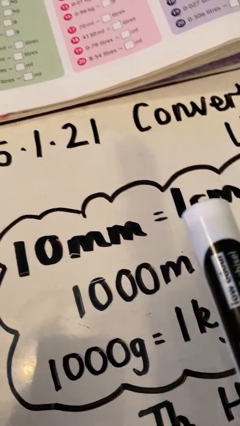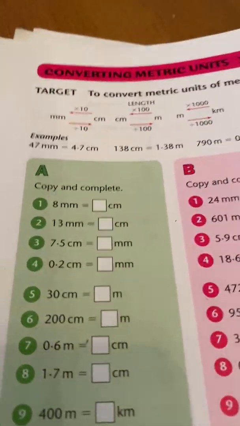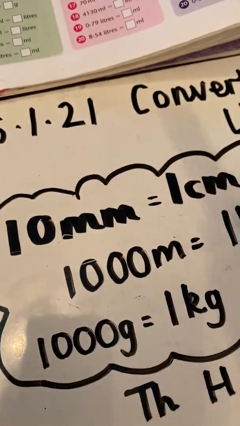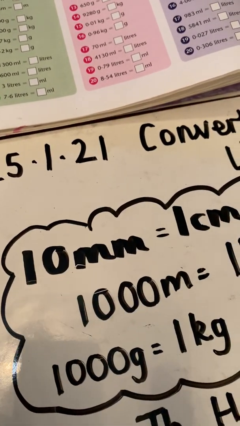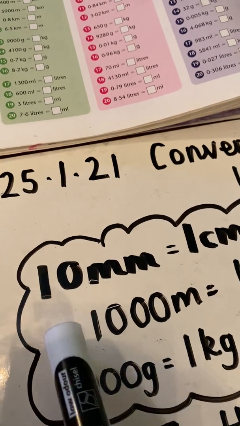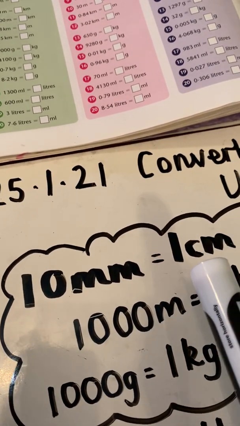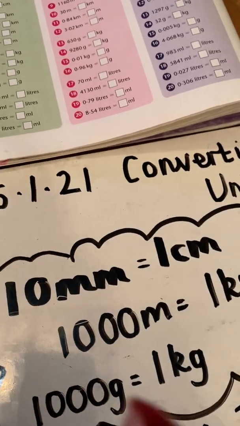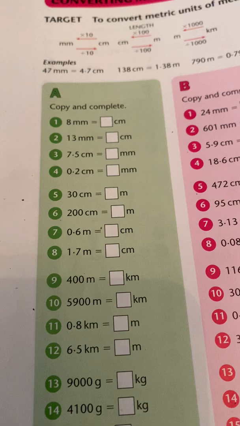Now the relationship between those is that 10 millimetres is 1 centimetre. So what we need to do is we divide millimetres by 10 to find out what they are in centimetres, because we have 10 millimetres, 1 centimetre. It's going to get smaller because we're going to have less of a big measurement.